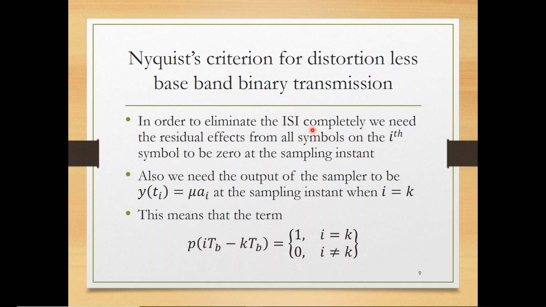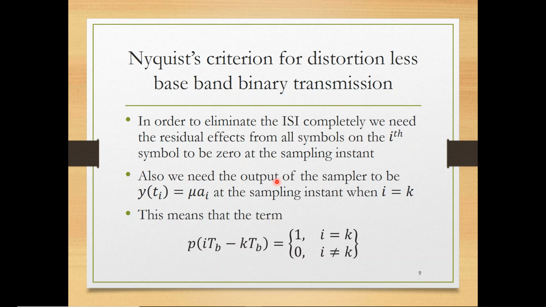In order to eliminate the inter-symbol interference completely, we need the residual effects, the term that I just showed you, the residual effects from all symbols on the ith symbol, the symbol you want to decode, to be zero at the sampling instant. Yeah, it means all the contributions coming from the adjacent pulses to your pulse will be zero.